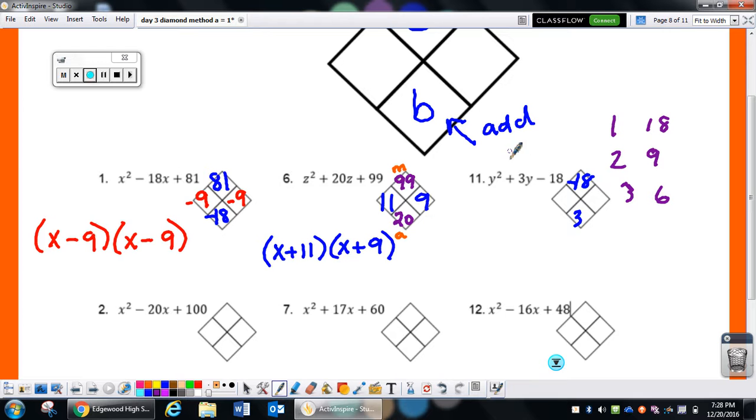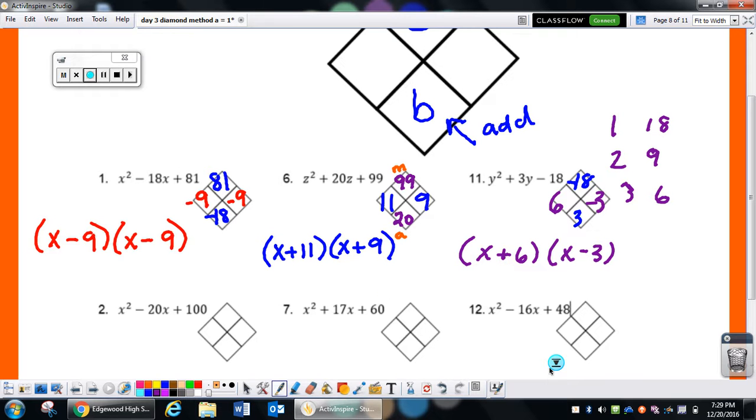So in this case, I would choose 6 and 3 and start with that to decide which one's going to be positive and negative. So 6 times negative 3 is negative 18, and 6 plus negative 3 is 3. So those are your numbers. So x plus 6, x minus 3. So you know to subtract because it was a negative number. If it's positive, you add.